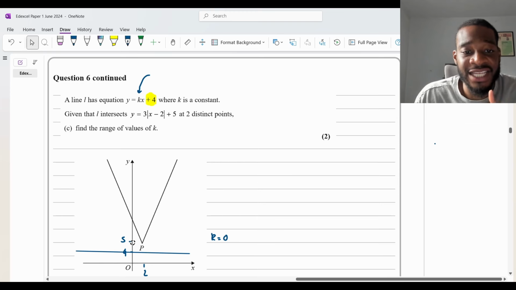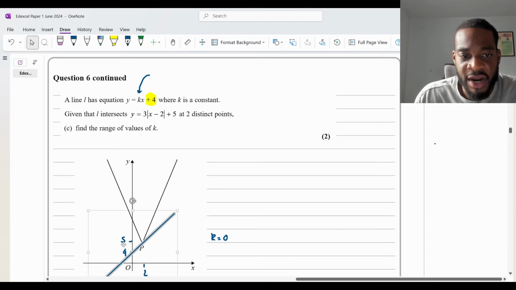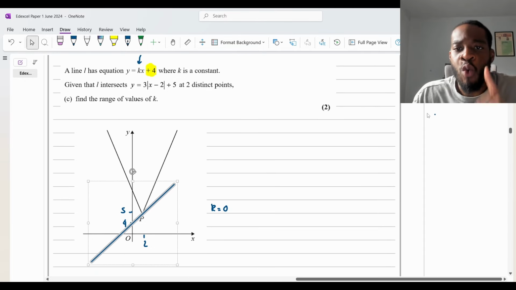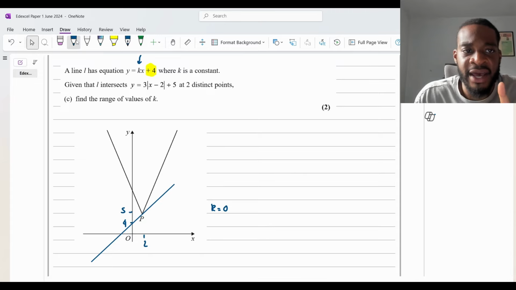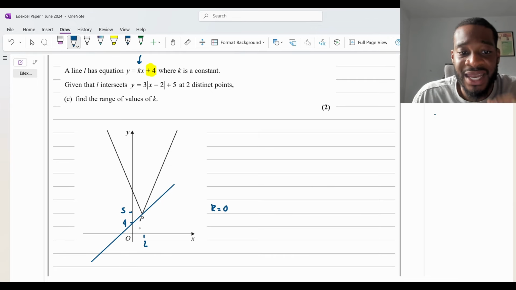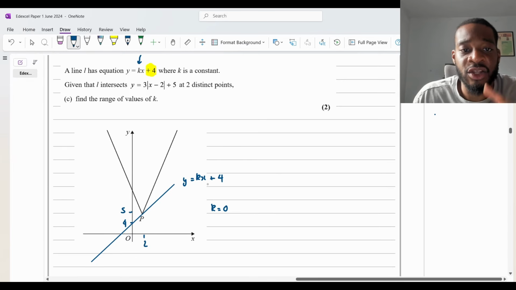Now we need this line to cut twice. We know just by doing that, it has to be more than 0 because we need it to meet that V. So the first one is going to meet the V over there, right? So what I want to say to myself is, okay, well, right here, the line y equals kx plus 4 is cutting the modulus graph once at the vertex, right?